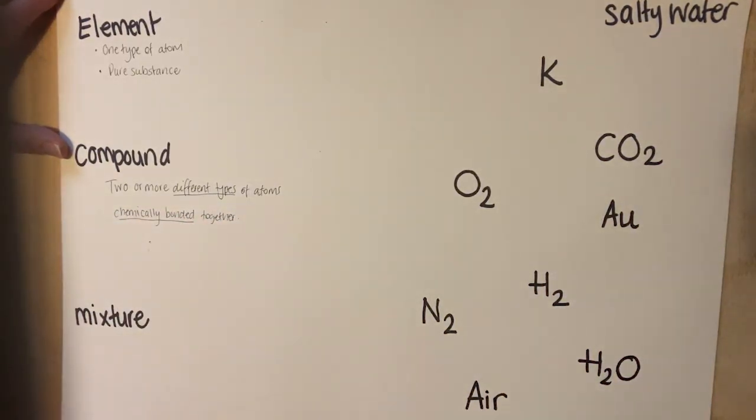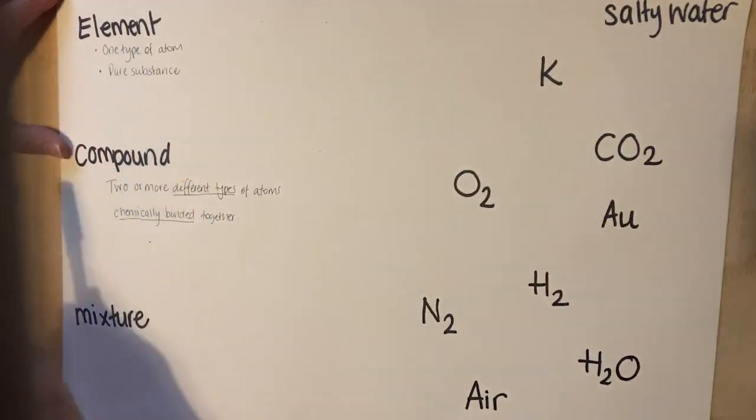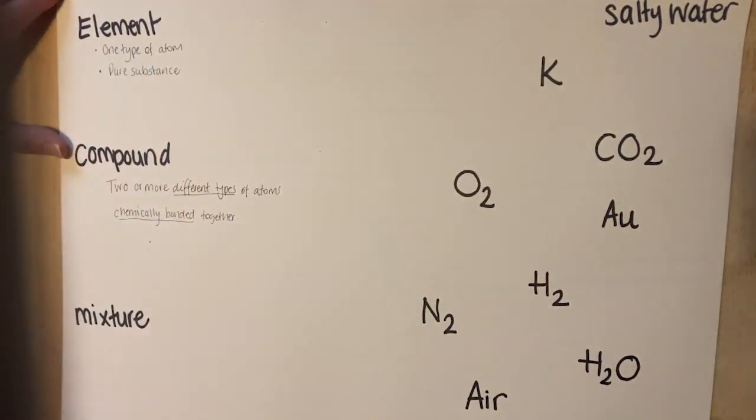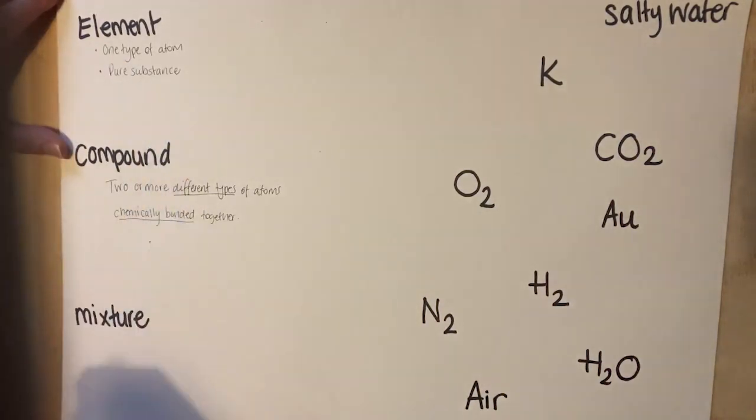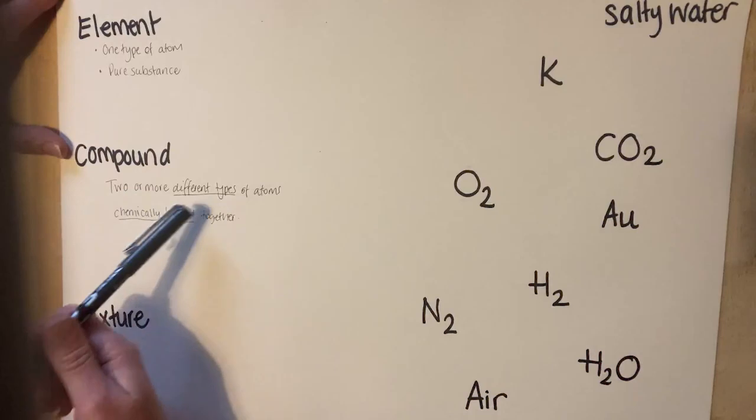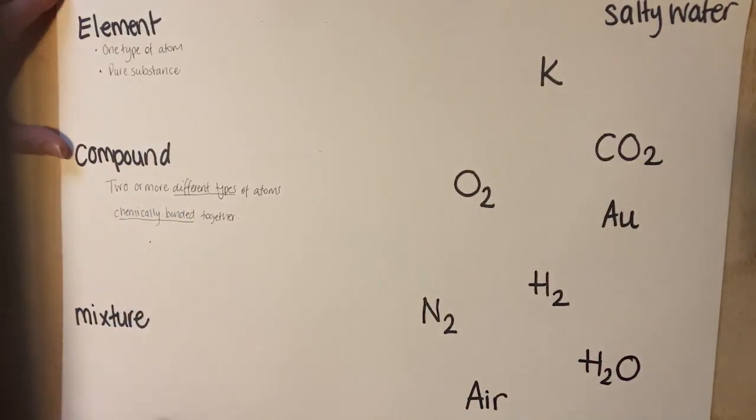Okay, and a mixture. Now you've all used mixtures in your everyday life. When you eat your food every day, you're mixing different things together. If you've ever had a fruit salad, that's a mixture of different types of fruit. So how does this help us understand what a mixture is? Well, we know it's not an element, not one type of atom, so it must be more than one type of atom. But it's not two or more different atoms chemically bonded together, because it's not a compound.